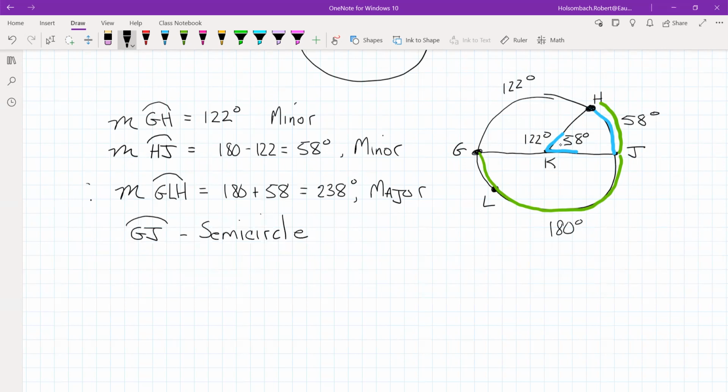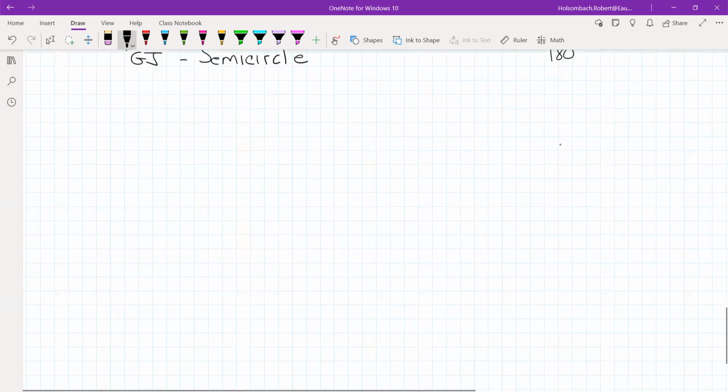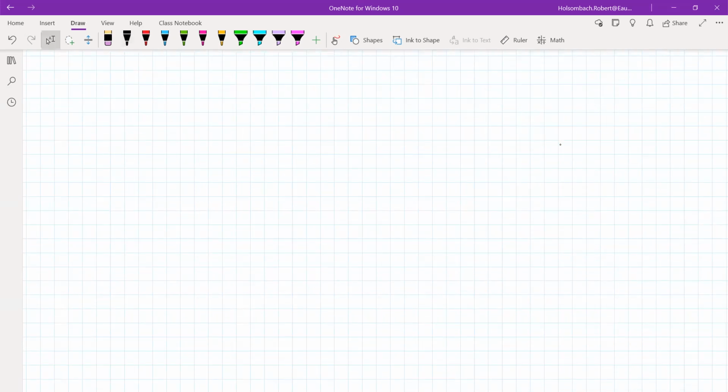All right, so take a look at the top of page 708. Now we're going to find some arc measures using percentages. All right. And what we've got here in this circle is a big pie chart.